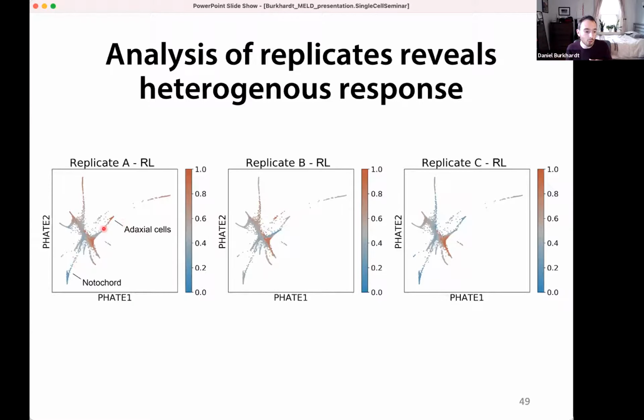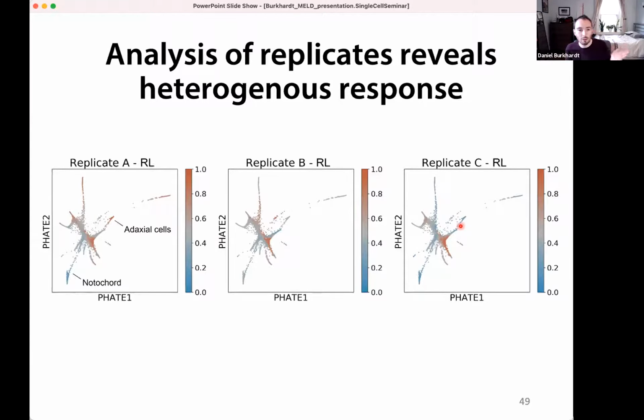So 2 examples I'm showing here, we're looking at adaxial cells in this small cluster, or cells from the notochord here. If you see, the relative likelihood in sample A in adaxial cells is relatively high, but in replicate B, it's moderate, and in replicate C, it's a little bit lower. So there's variation here. Because there's variation in this likelihood across data sets, you should maybe trust the estimate of the effect a little bit less.